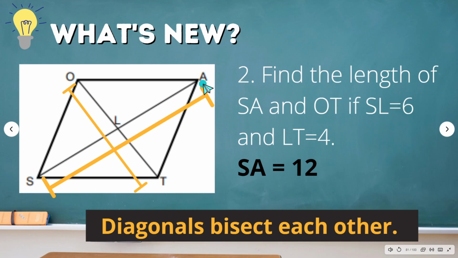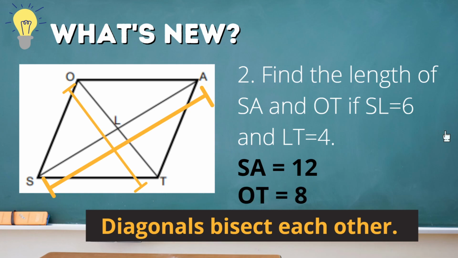For SA, we have SL equals 6, and then LA is also equal to 6. Therefore, we have SA equals 12. How about OT? This one. If the given is LT equals 4. Very good.